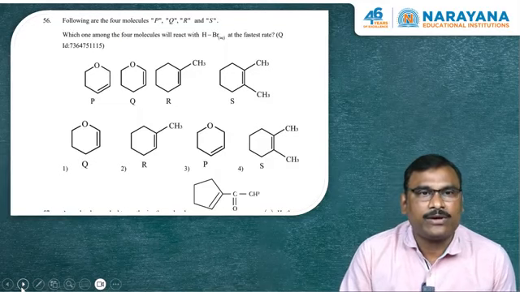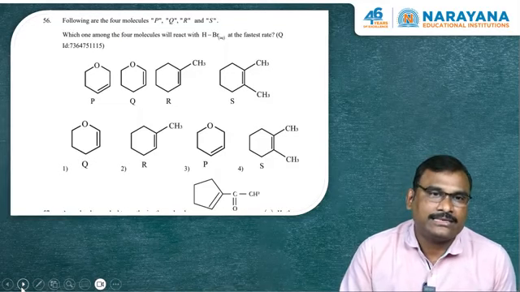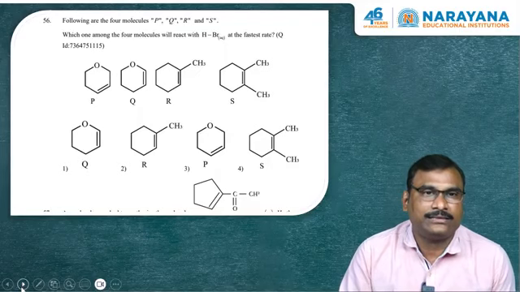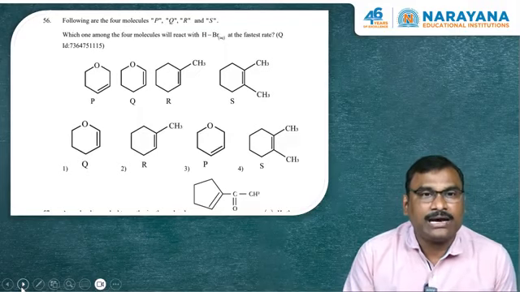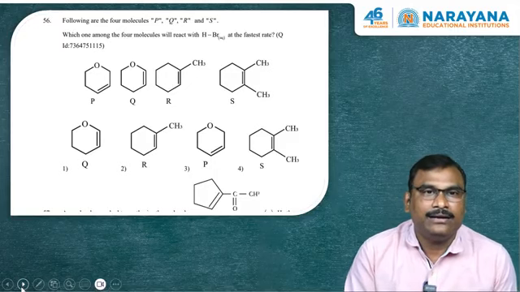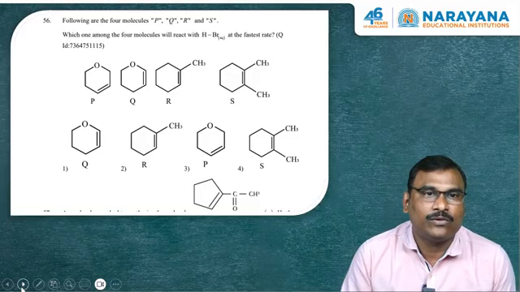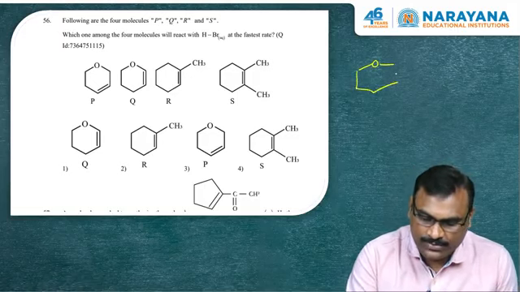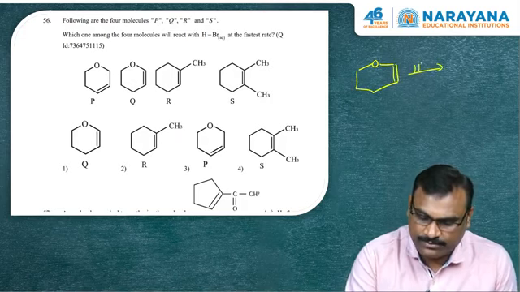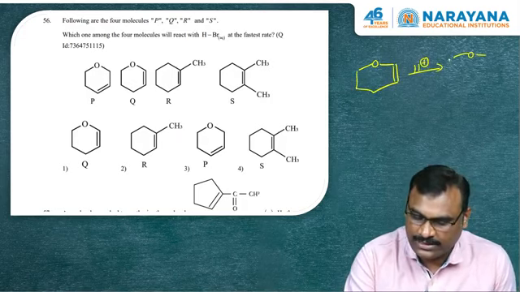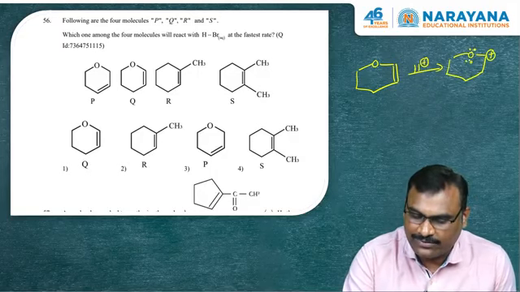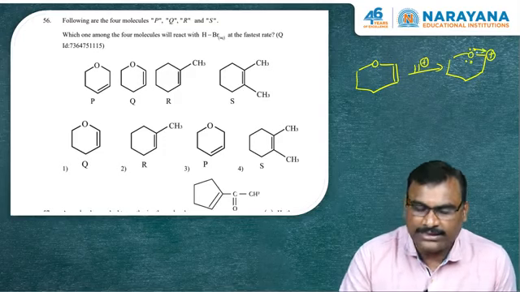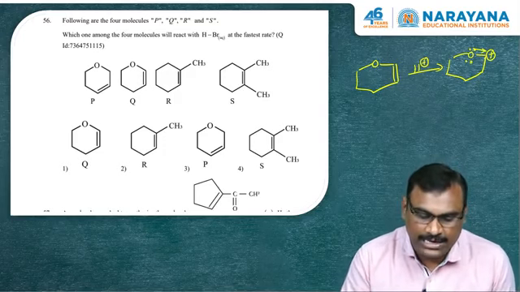As a stable carbocation is generated, the reaction rate will be faster. So the stability of the carbocation decides the rate of reaction in these 4 molecules. Among these 4, the second one, Q, after attack of H plus, the electrophile, generates the most stable carbocation due to an adjacent heteroatom with a lone pair, which causes back donation and stabilizes the carbocation.